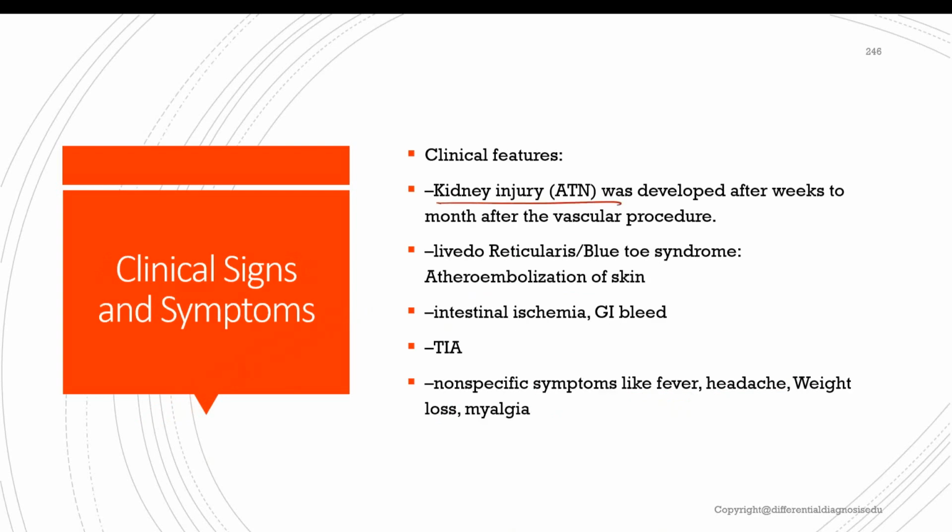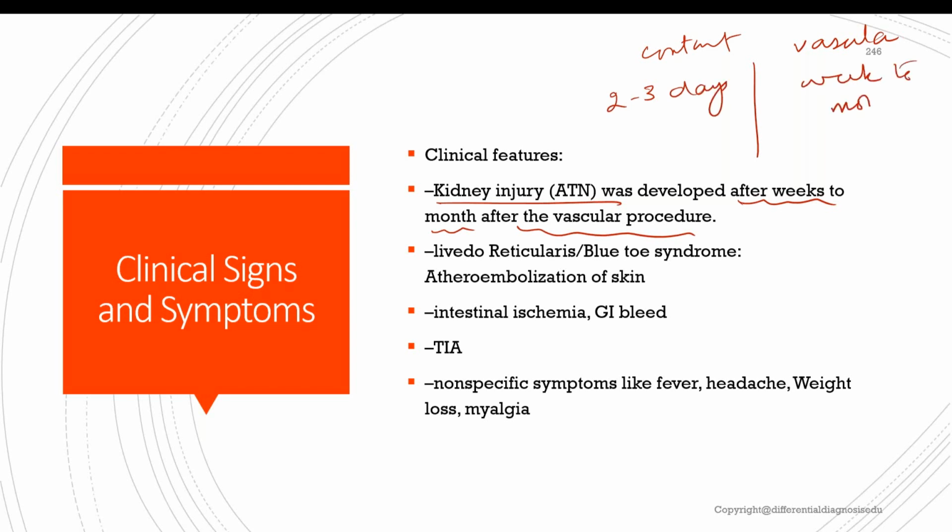Kidney injury occurs weeks to months after the vascular procedure. To differentiate contrast-induced injury from vascular injury, contrast injury happens in 2 to 3 days, and this happens weeks to months after the procedure.